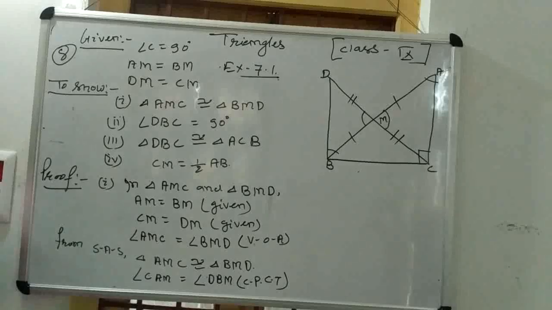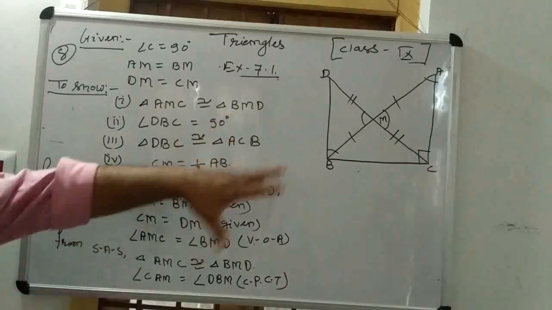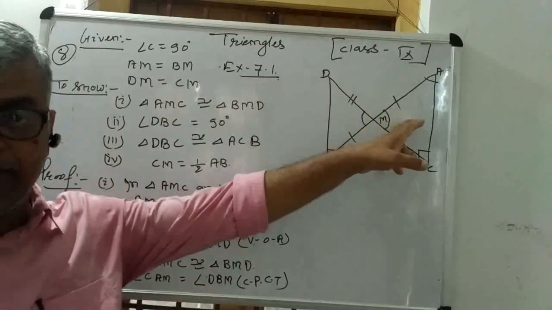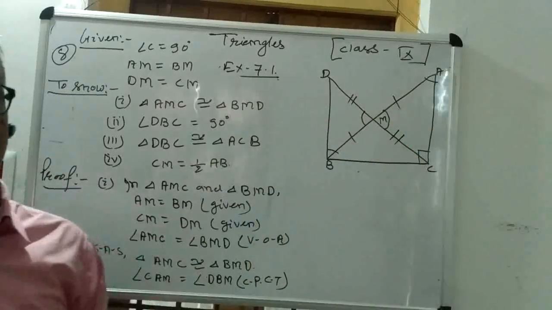Thus we have concluded from here. So we have proved the first part that these two triangles are congruent.